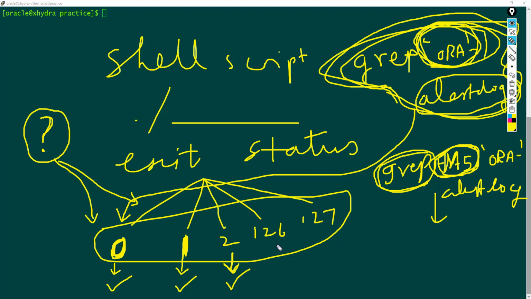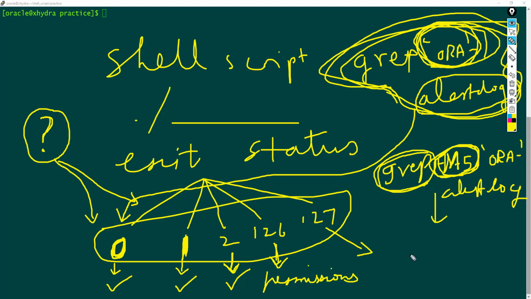And 126 is the exit status for permissions. If you write a shell script and store it in a file, and that shell script does not have permissions for executing, then you will get exit status 126.